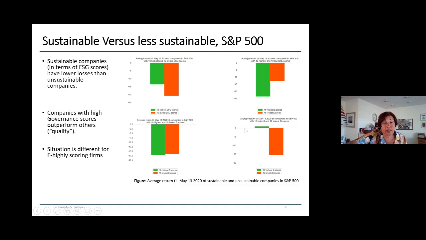So here is an interesting graph because it shows in green the returns, so the decline in value of the highest sustainable companies and lowest sustainable companies since the beginning of the COVID epidemic. And this is the overall ESG score. And this is on the basis of E, environmental, S, societal, and G, governance, at the end.